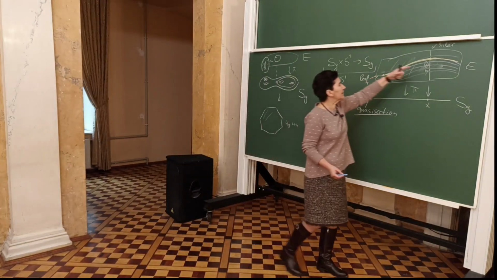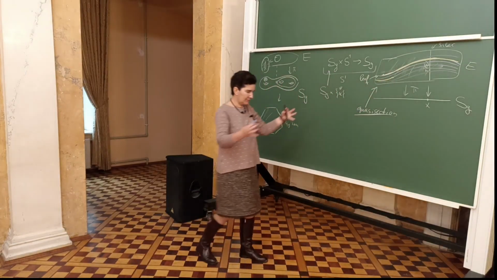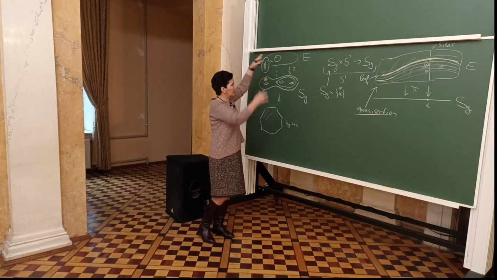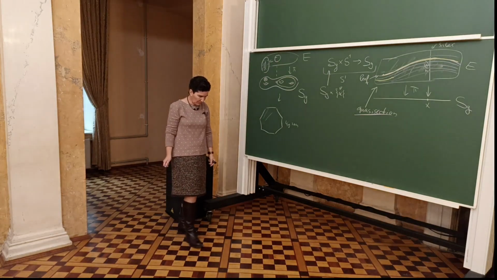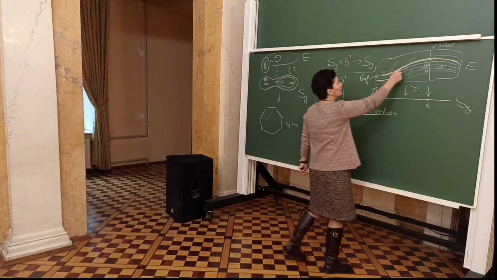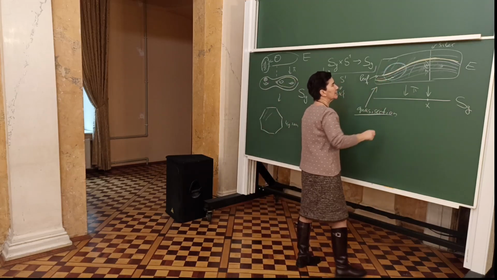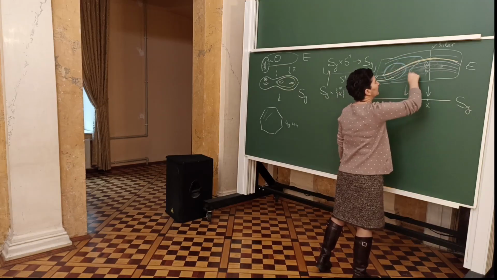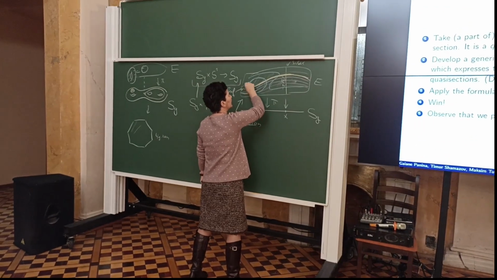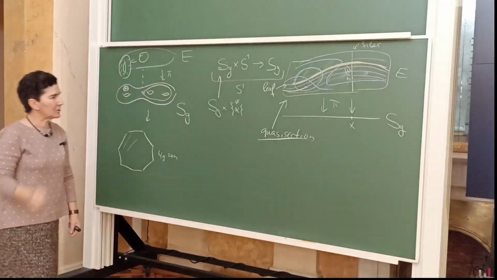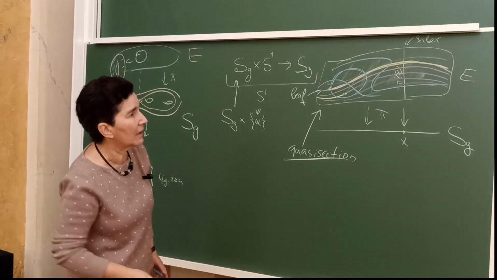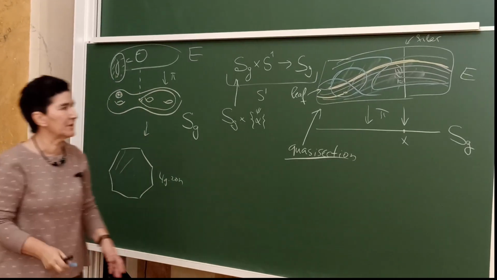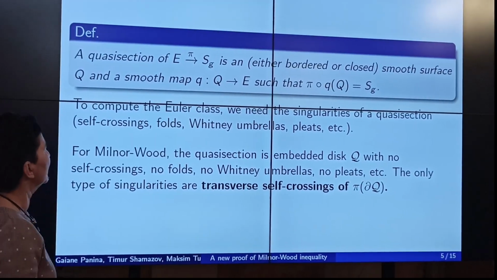As I said, a section is some surface embedded in the total space which projects bijectively to the base. So let us call a quasi-section any smooth surface, maybe discontinuous, maybe with singularities, maybe with self-intersections, which is mapped to the total space. So here is the definition. We take some smooth surface Q and put it in the total space.